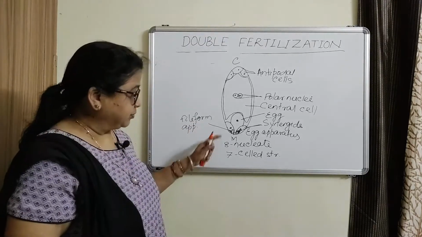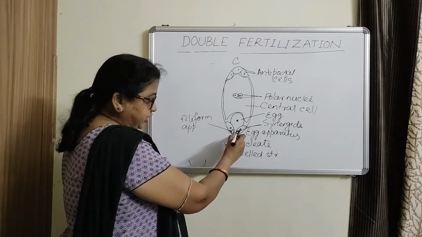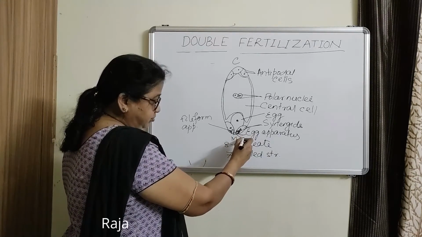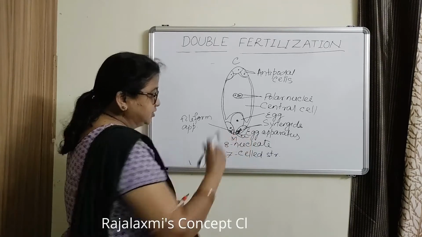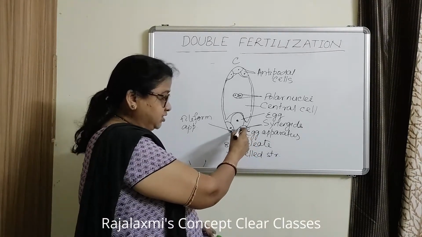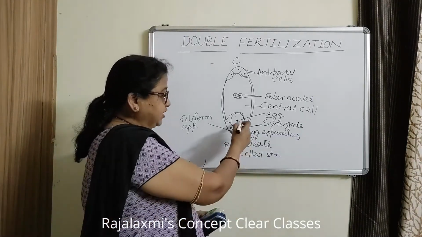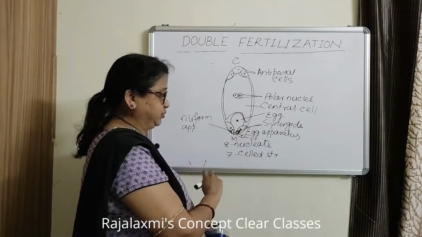This filiform apparatus guides the entry of the pollen tube containing the male gametes. Once the pollen tube enters the synergid, it bursts and releases the two male gametes inside the female gametophyte.